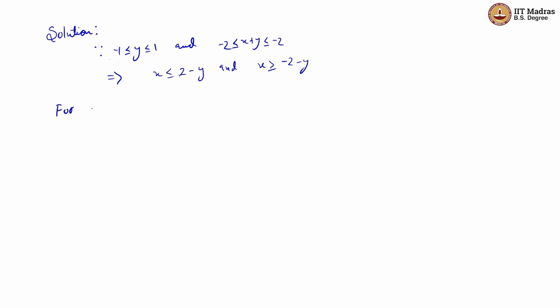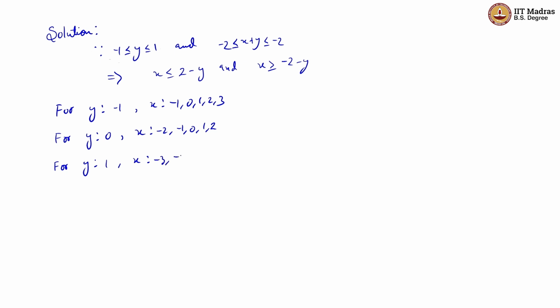For Y equal to -1, X is taking values -1, 0, 1, 2 and 3. For Y equal to 0, X is taking values -2, -1, 0, 1 and 2. For Y equal to 1, X is taking values -3, -2, -1, 0 and 1.